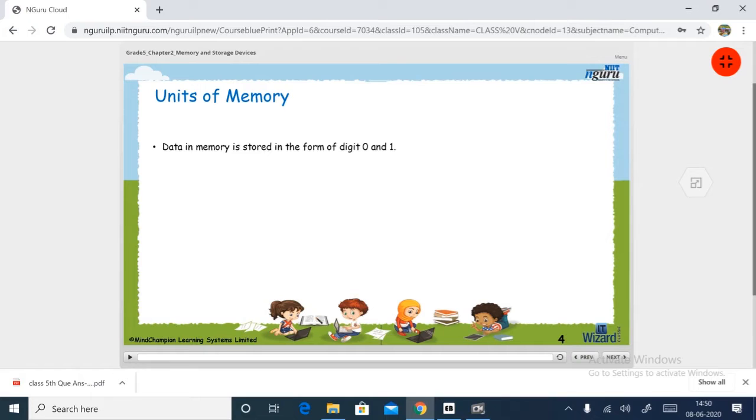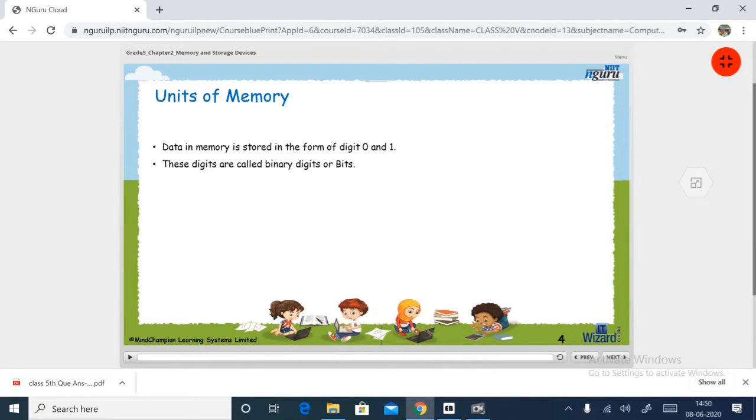Units of memory. Data in memory is stored in the form of digits, 0 and 1. As you all know, 0 and 1 are known as binary digits, which are understandable by the computer.